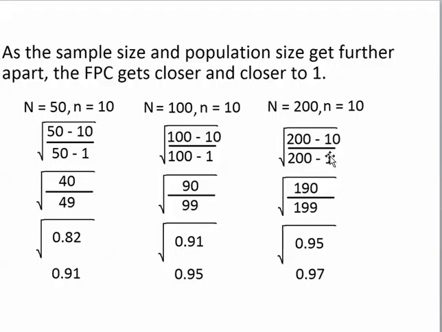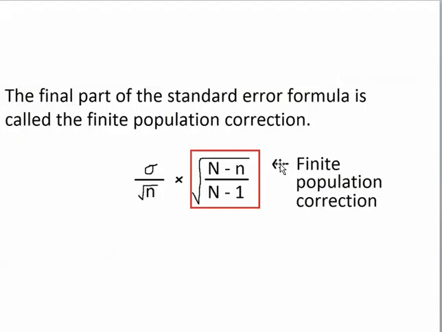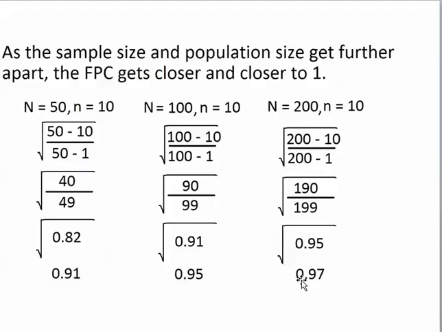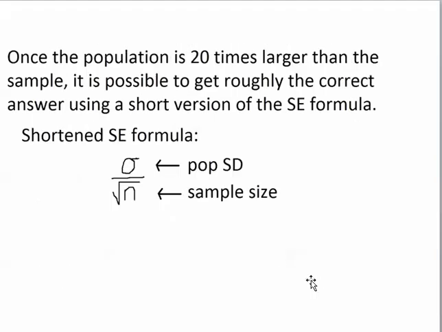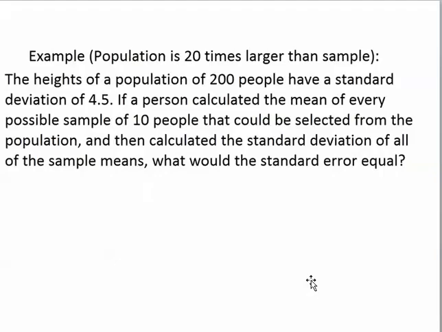And remember, when you multiply something by 1, it doesn't change the answer. So if this comes out to about 1, like 0.97, it's really not doing anything, so it can just be dropped off. This is the short formula for if the population is 20 times larger than the sample size.